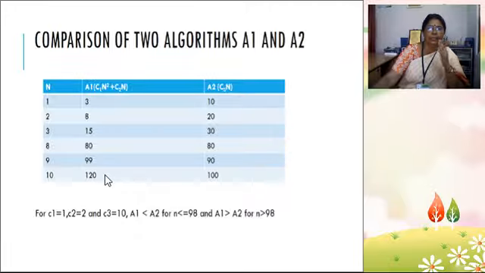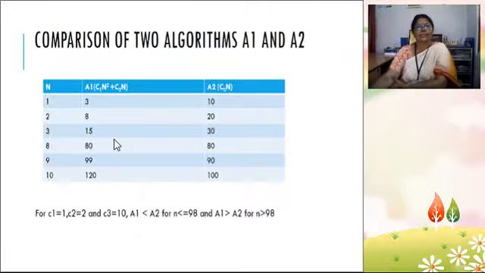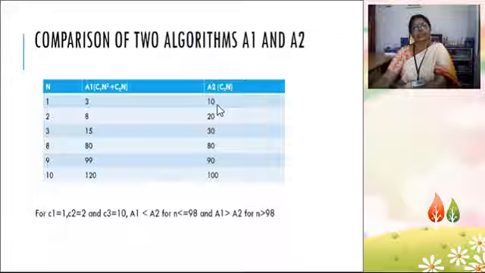Here it looks like A1 performs better than A2, because the time complexity of A1 is 3 and A2 is 10 for n equal to 1.